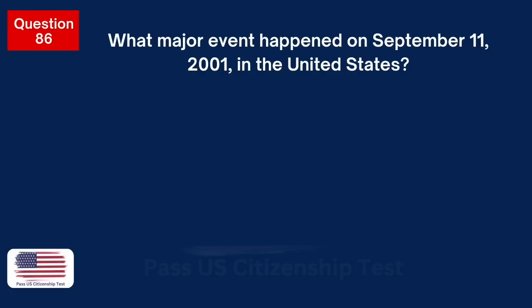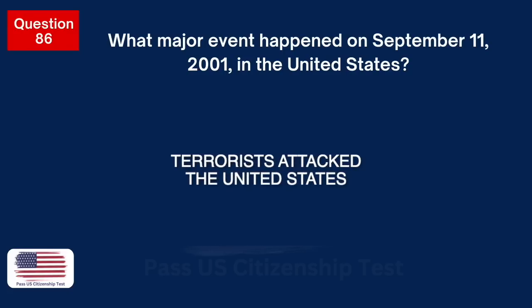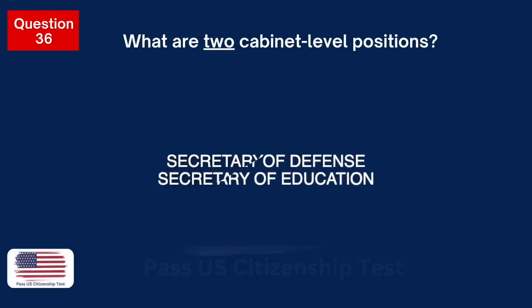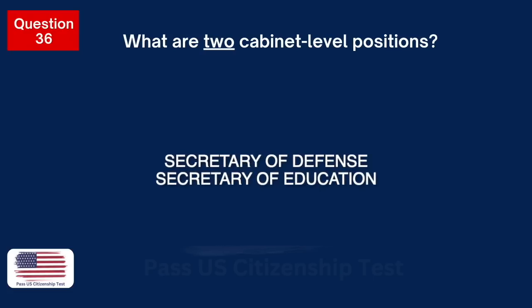What major event happened on September 11, 2001 in the United States? Terrorists attacked the United States. What are two cabinet-level positions? Attorney General. Vice President.